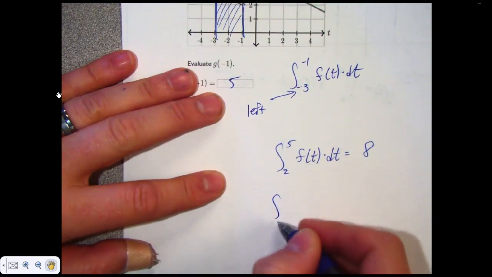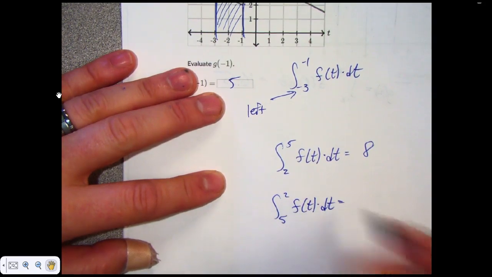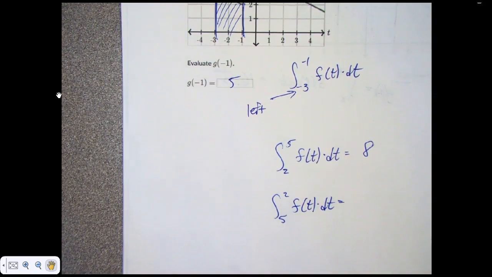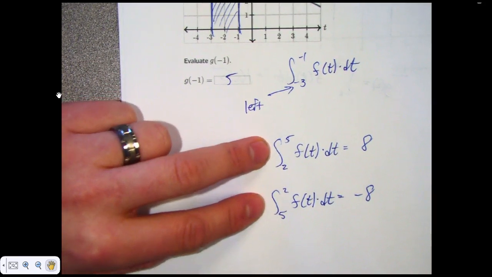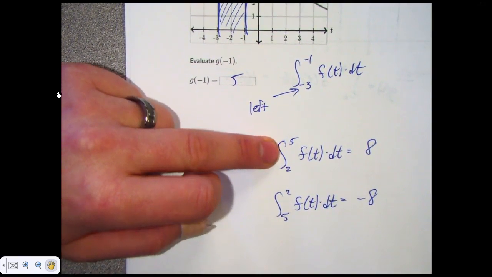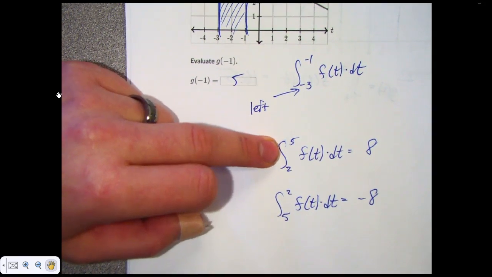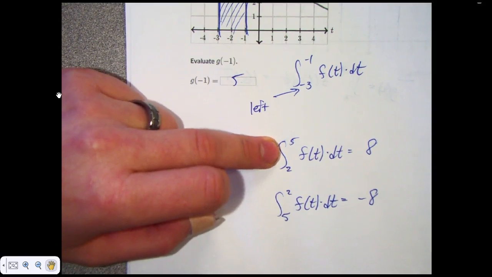If they asked you for the integral of 5 to 2, you're now reading it backwards. What do you think your answer is? -8. So you got to pay attention to the order here. The lower numbers should be on the bottom. Typically, if it's not, which they will do to mess with you sometimes, you just take the negative of the answer.